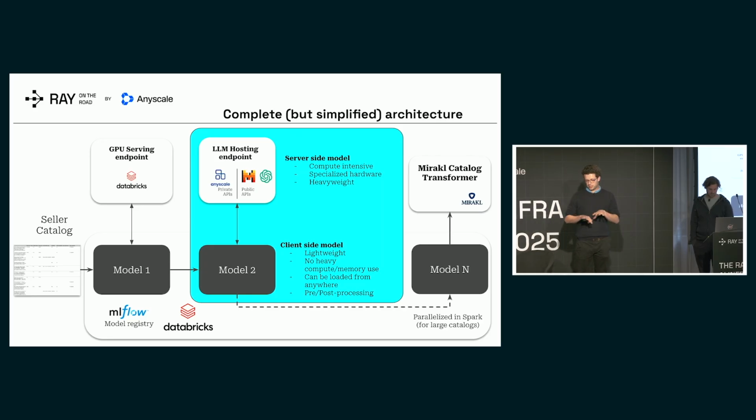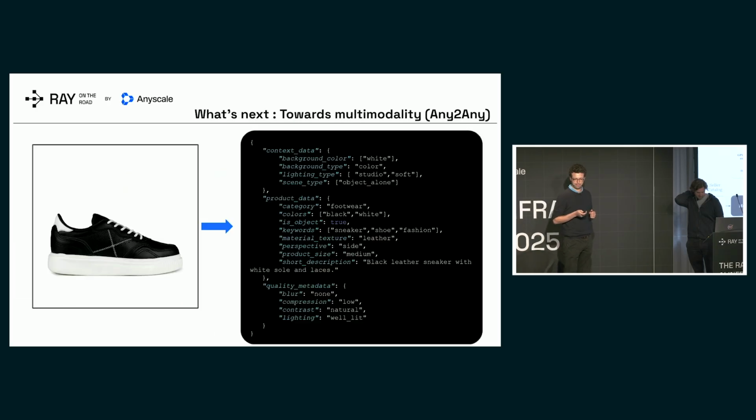This whole architecture allows us today, even with small volumes, to be quite confident in the scaling of the system, because today the catalog transformer is only accessible to a limited number of our clients, but we will increase the volume over time.